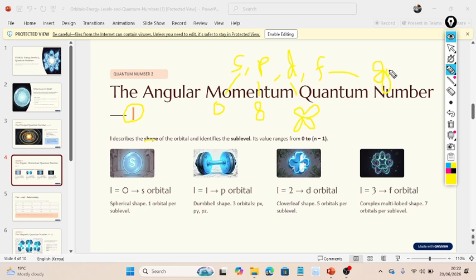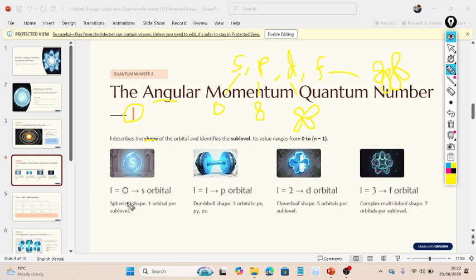It's more complex in nature because of the higher energy levels that exist when you go further away from the nucleus, meaning the randomness of that electron increases, and this is what the angular momentum tries to explain.